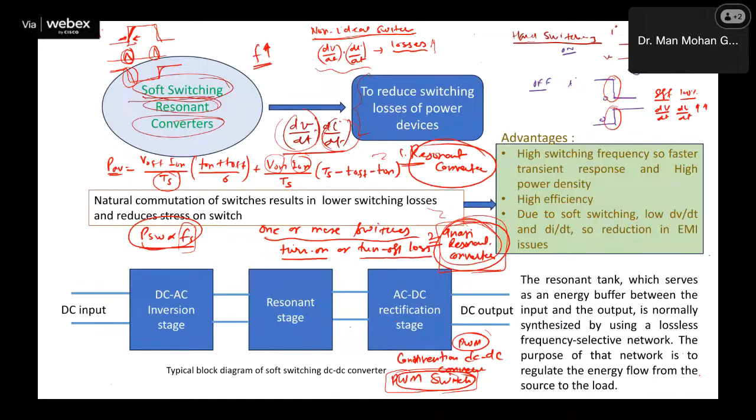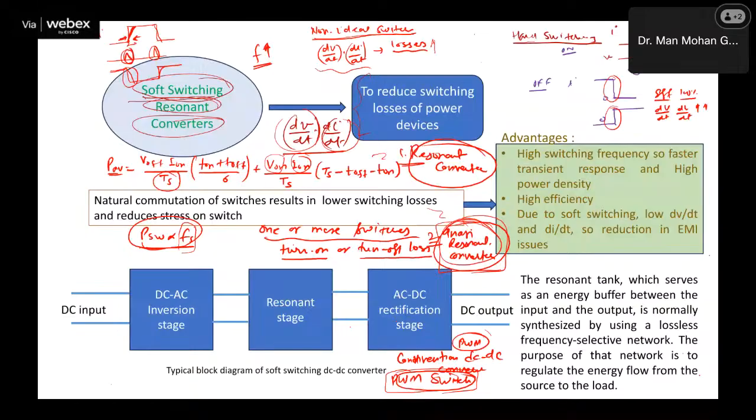Then we call such a converter a quasi-resonant converter. So basically, in a quasi-resonant converter, I repeat, we use a conventional PWM converter and replace the switch with a resonant switch. What are we calling a resonant switch? Normally a PWM switch in which some resonant components L and C are used, and then this circuit accomplishes the task of loss elimination.